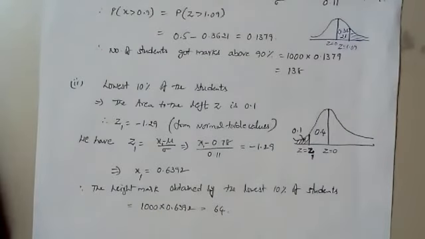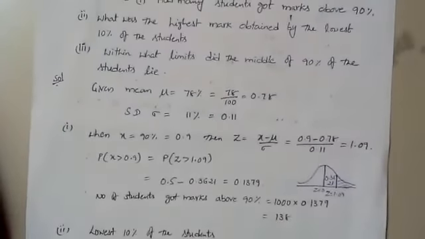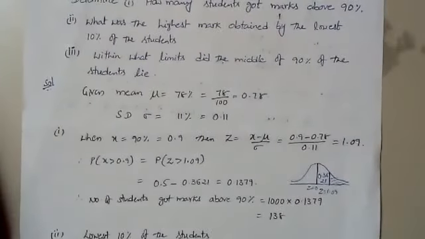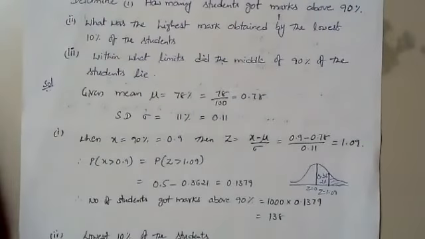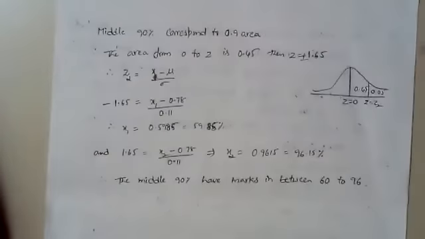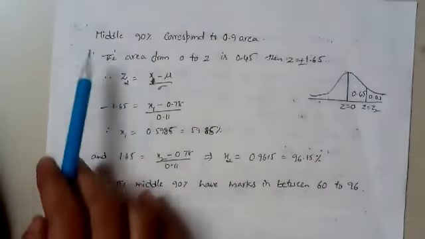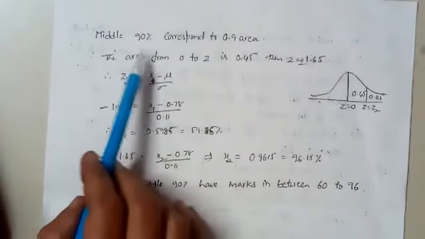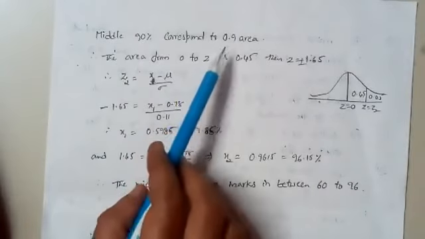Next, what is the third question? Within what limits did the middle 90% of the students lie? So you have to find the limits of those marks. So middle 90% corresponds to 0.9 area.